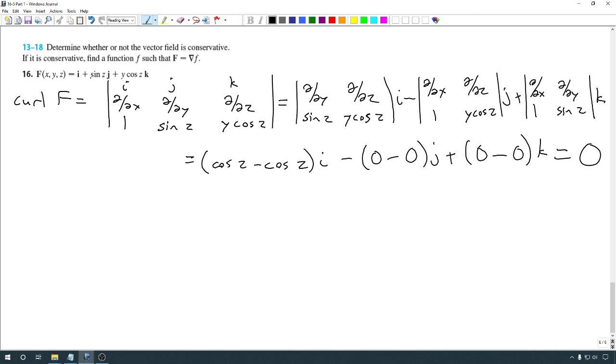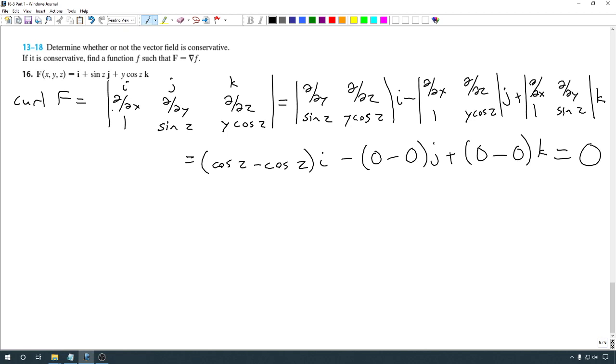Well, with 0, we have zeros or cosine of z. Here we'd have either 0, cosine z, or negative y sine z, if we look at all the partial derivatives. All those are nice continuous functions. We don't have any issue with those. So that means that this vector field is definitely conservative.